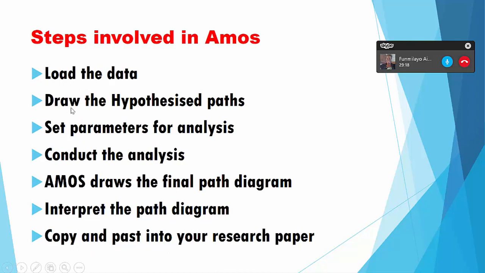We load the data by selecting a file from the data file option. We draw the hypothesized path, set parameters for analysis, and conduct the analysis. AMOS draws the final path diagram. If we interpret the diagram, then we can copy and paste it in our research paper without any sweat. Good. I'm on slide 12.